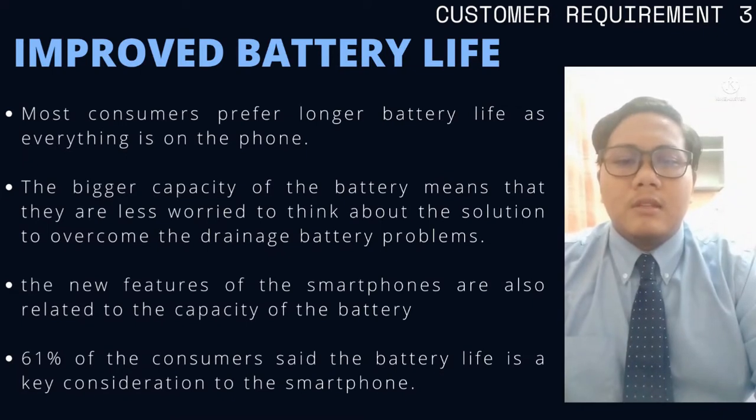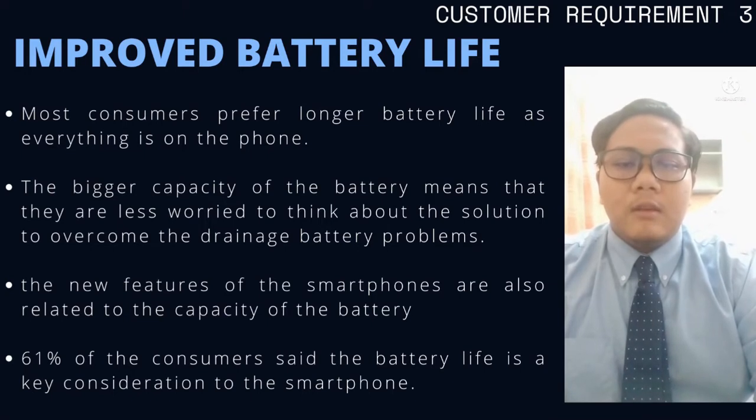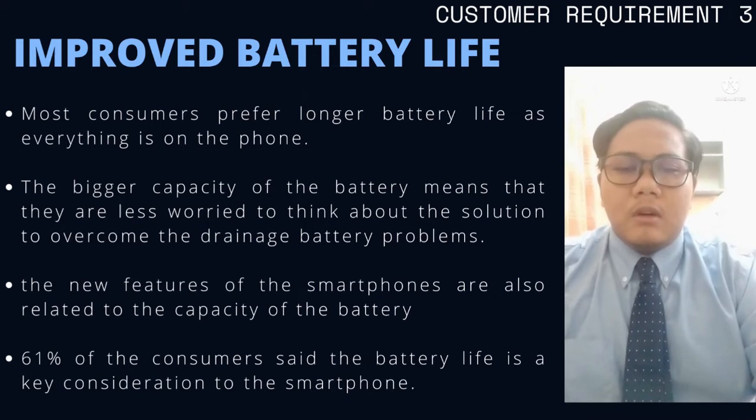The next customer requirement for the smartphone is improved battery life. Most consumers prefer longer battery life as everything is on the phone. A bigger battery capacity means that they are less worried about how to overcome the problem of a drained battery.